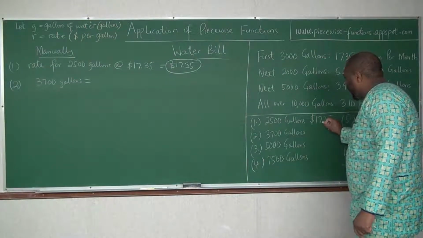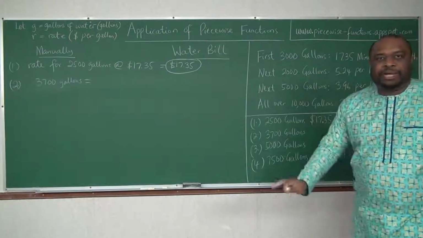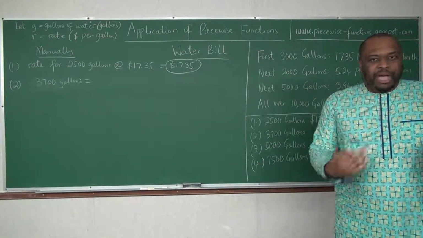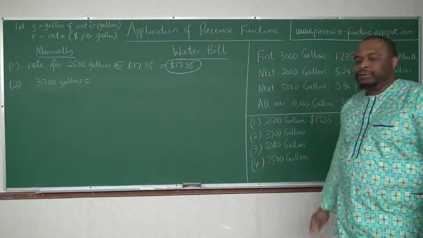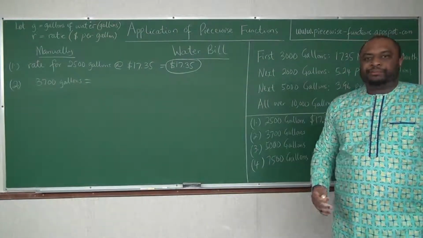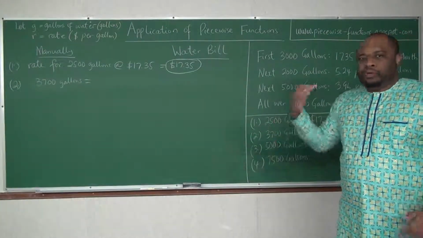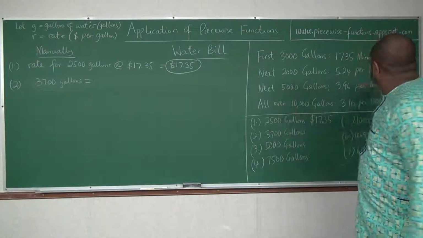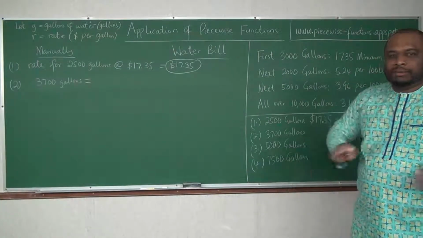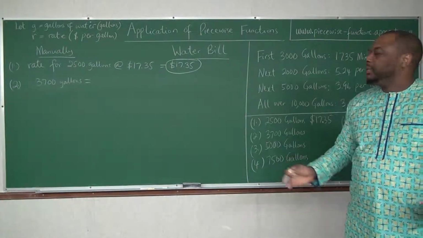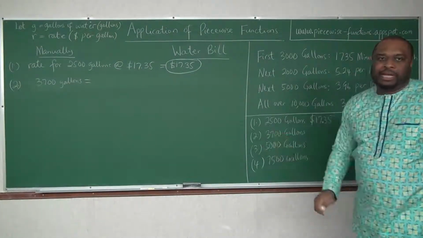This is the minimum amount you're going to pay if you are living in a residential area within Calhoun County, state of Alabama, US. This is the minimum amount you will pay as water bill, even if you don't use any water for the whole month. Per month, you will pay $17.35, from 0 to 3,000 gallons.